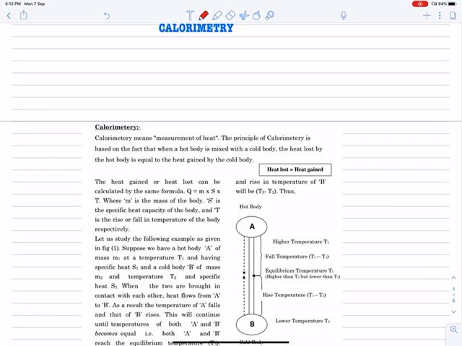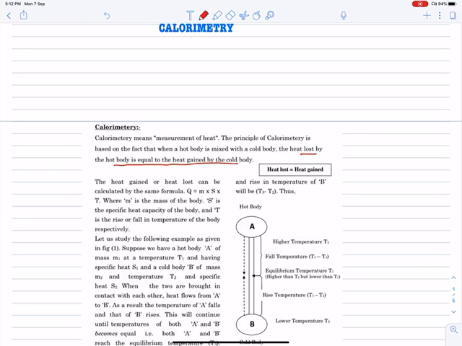The principle of calorimetry is based on the conservation of energy: when a hot body is mixed with a cold body, the heat lost by the hot body is equal to the heat gained by the cold body. That is, heat is never lost.